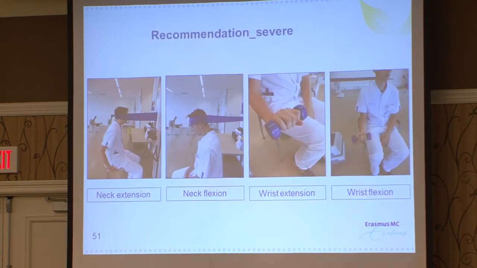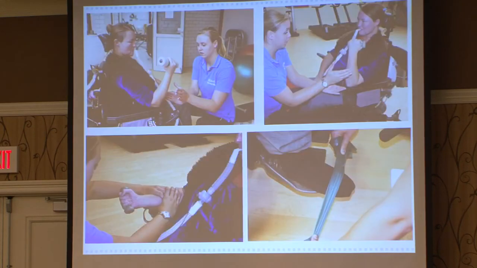For the more severe patients, it might be useful to train the neck, and especially the neck is very weak in patients with Pompe's disease, and many patients have weak neck flexors, and so in this way you can train the neck. And also, if you only can use, for example, your lower arms, you can also use weights to try to train your arms. Now here are some examples.